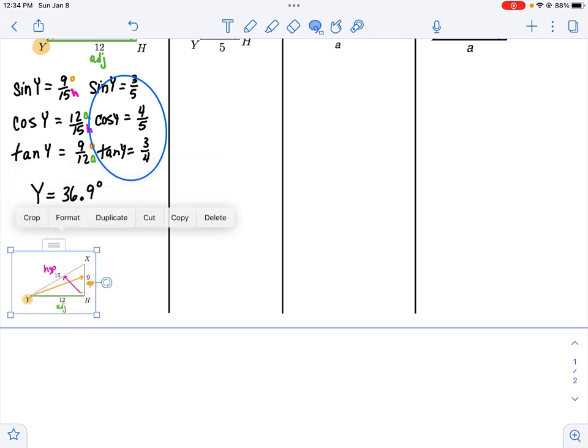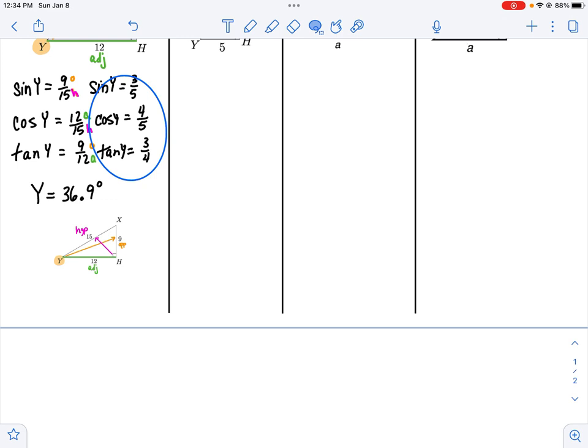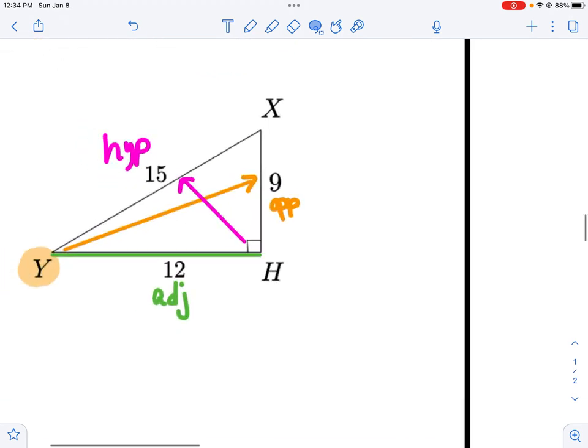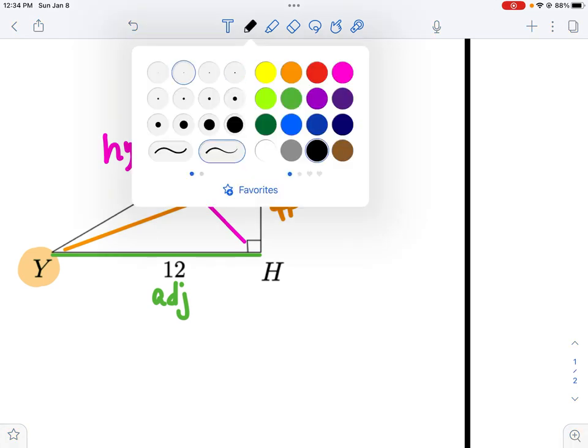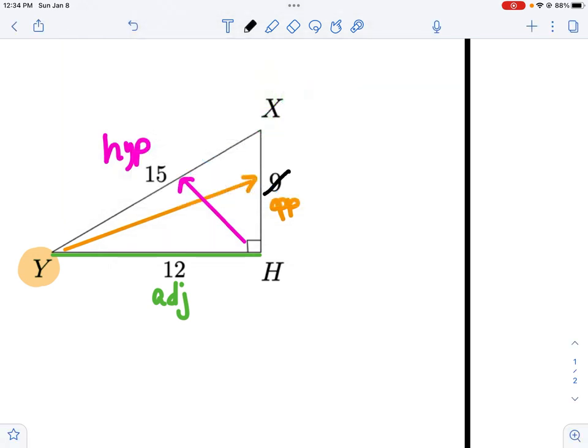So, for instance, they would take this triangle and notice that 9, 12, and 15 are all multiples of 3, so they would strike this out and make this a 3, strike this out and make this a 4, and strike this out and make this a 5.